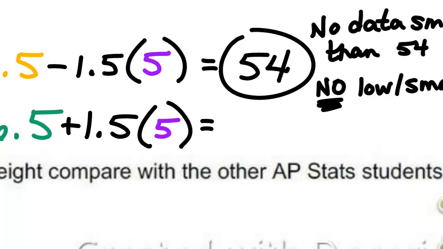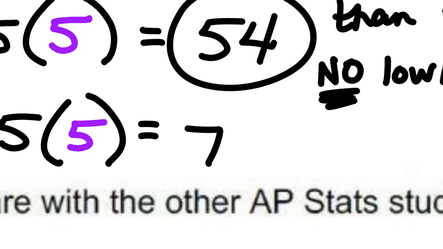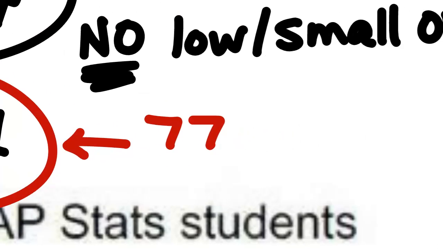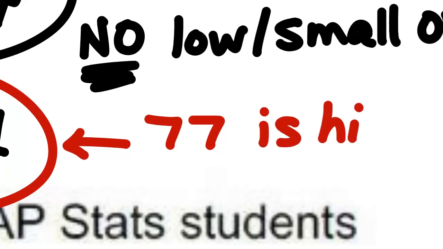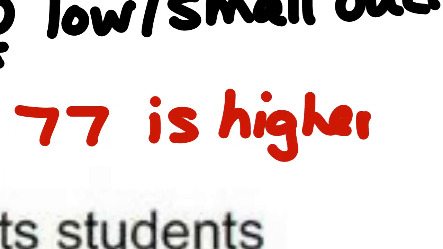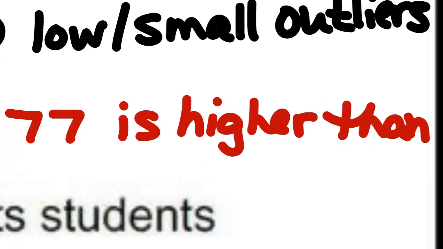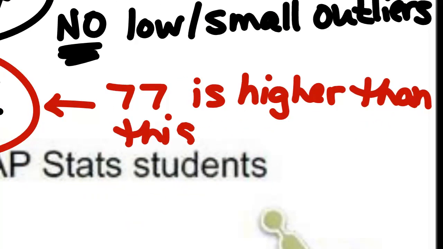So 66.5 plus 1.5 times 5 would give us 74. Were any of our data values above 74? Yes. 77 is higher than 74. So we have one large outlier.